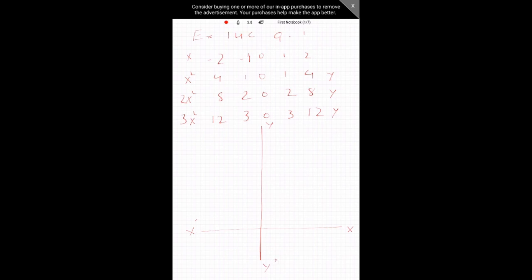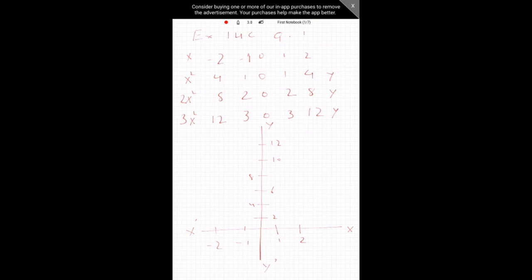So the values of the x-axis: 0, 1 and 2, this minus 1 and this minus 2, and on this side we need 12 values, so you can write 2, 4, 6, 8, 10 and 12.